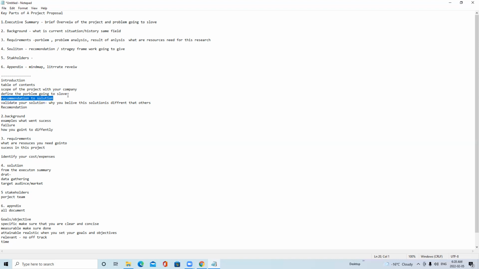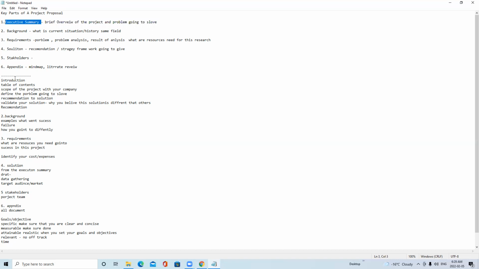You are not writing anything in detail, just mentioning bullet points, and validating your solution: why you believe this solution is different from others, and how you can prove it. You need some type of data to prove this, right? And finally, you give your recommendation. All this comes under the executive summary, right?